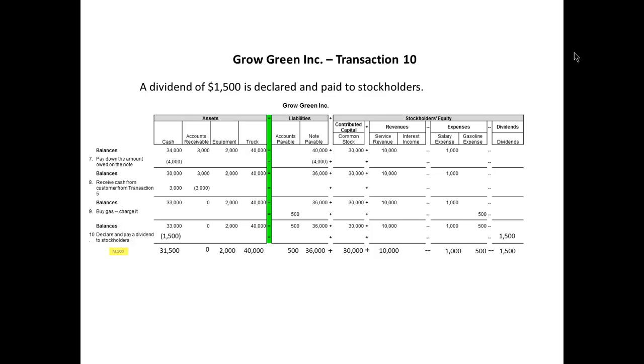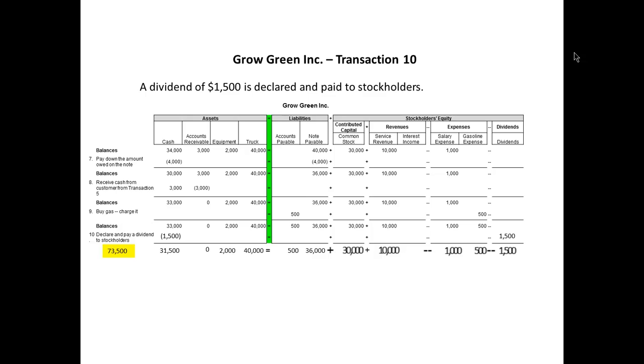Total assets are $73,500. On the right side of the equation, liabilities are still $36,500, and stockholders' equity is contributed capital of $30,000 plus revenues $10,000 minus expenses $1,500 minus dividends $1,500 for a total stockholders' equity of $37,000.